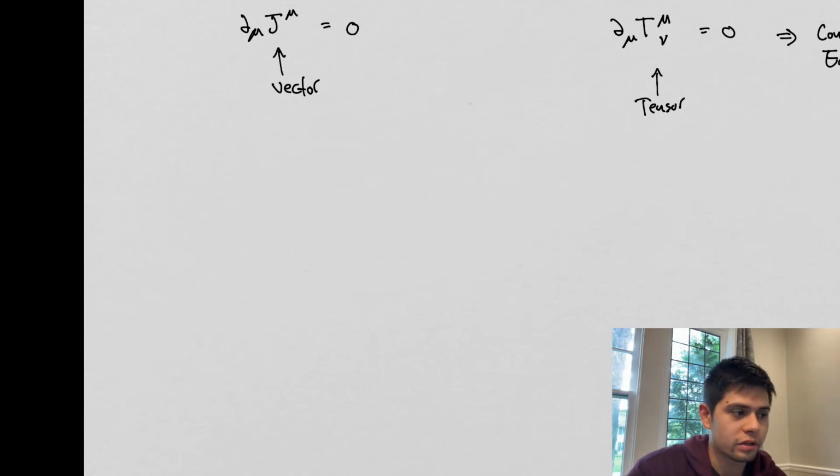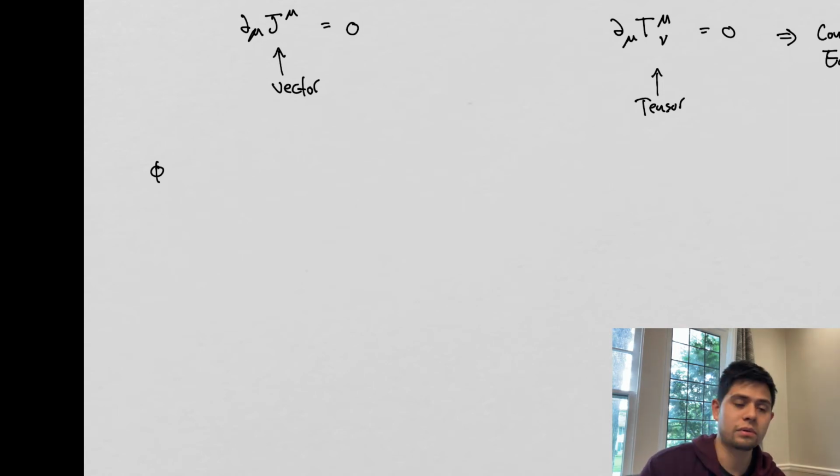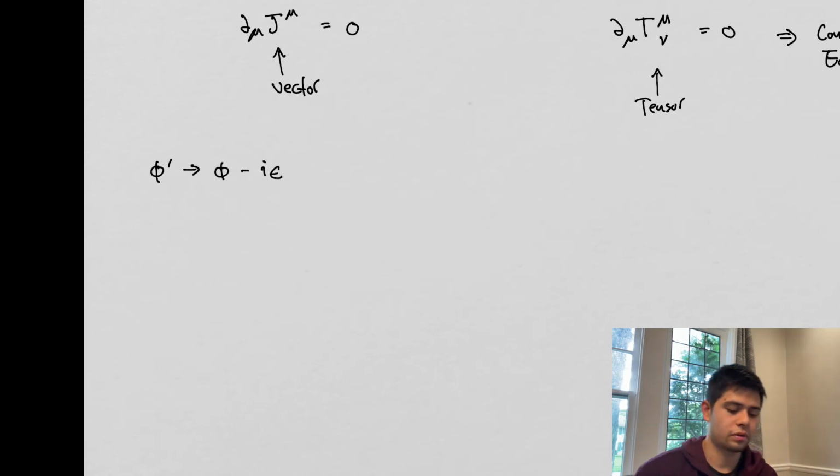So if we're considering just shifts in our space, or in our values that depend on space, we can consider now performing this shift. A shift that might look like this, right? So this is a shift if we're considering a complex scalar field.